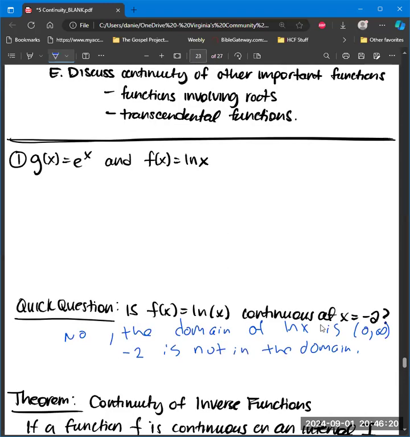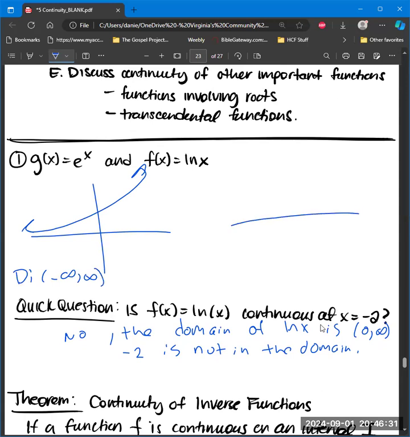Let's look at these graphs. E to the x is going to be continuous on its entire domain of -infinity to infinity. Like I just said, ln of x is going to be continuous on its entire domain of 0 to infinity. All exponential functions are going to look like this and have the same idea for their domain and where they're continuous.